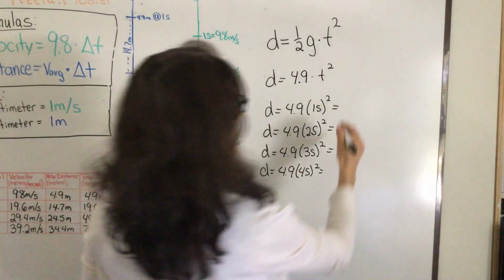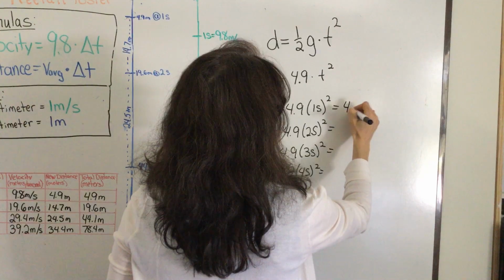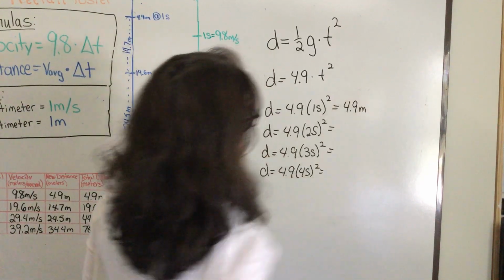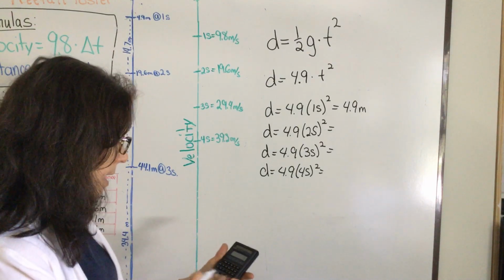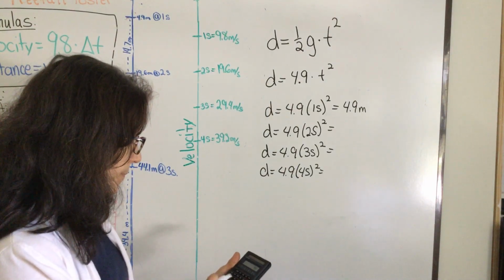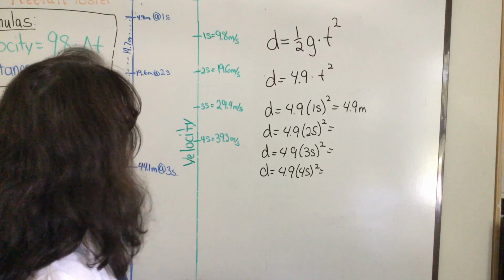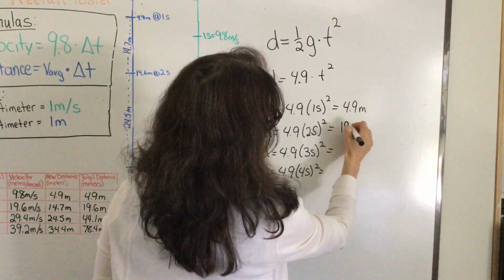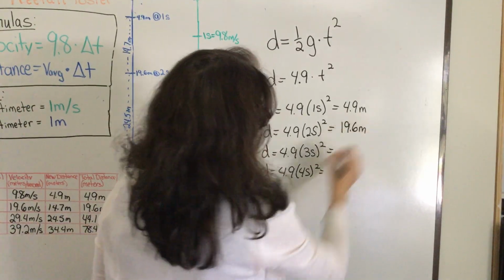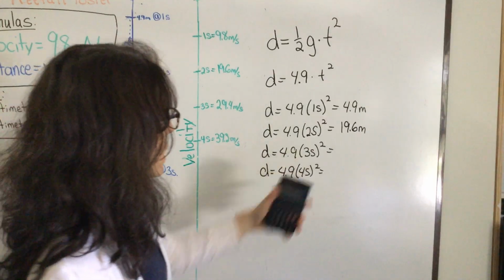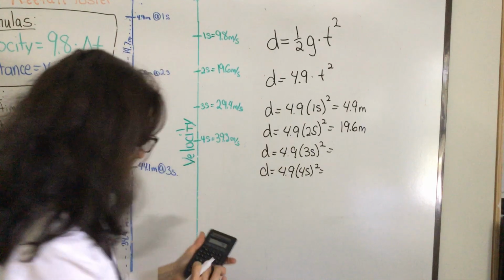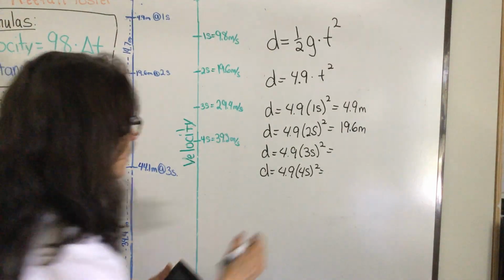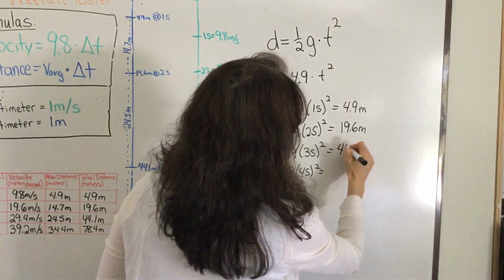1 squared is 1. We're going to get 4.9 meters. Here we're going to get 4 times 4.9, 19.6 meters. And then if we did 4.9 times 3 squared, we would get 44.1.